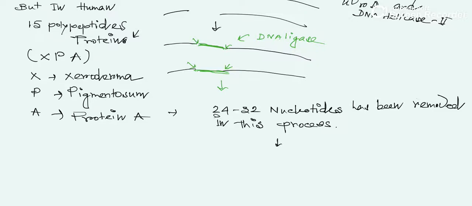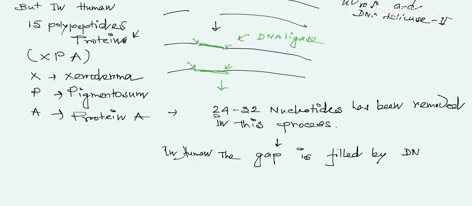And the gap is filled by DNA polymerase delta or eta. And ultimately DNA ligase seals this part.